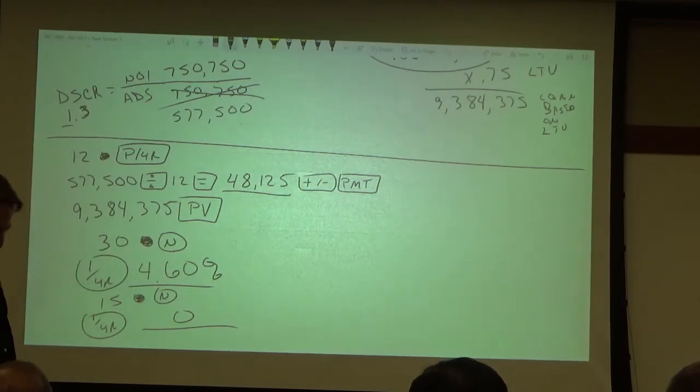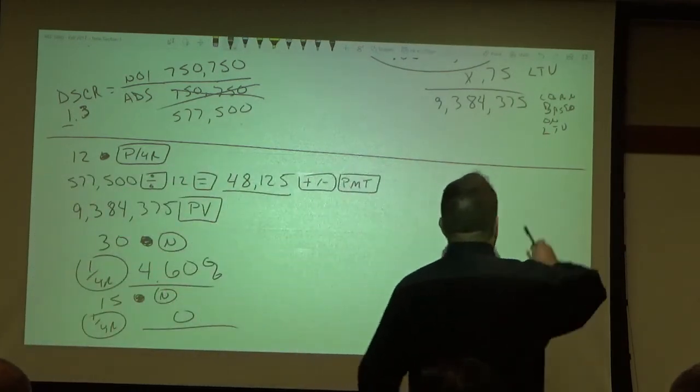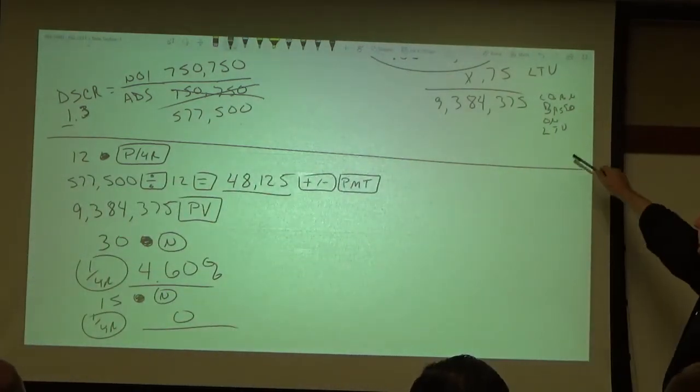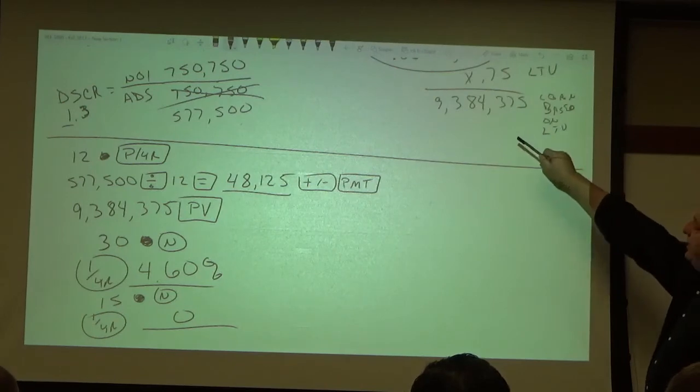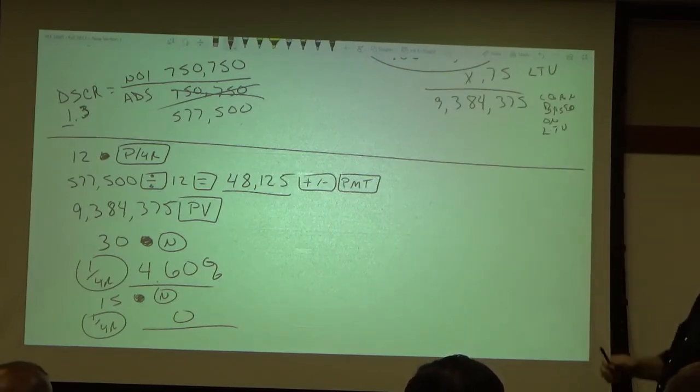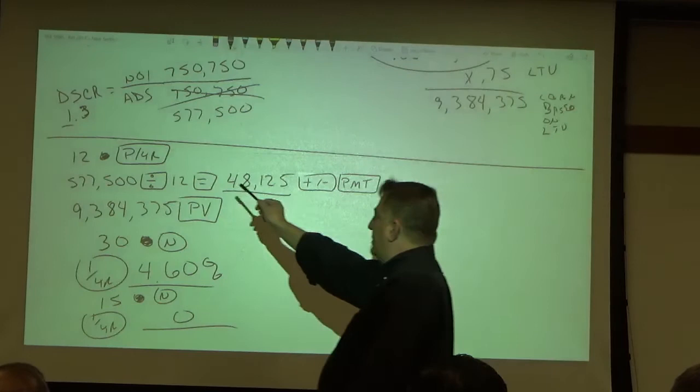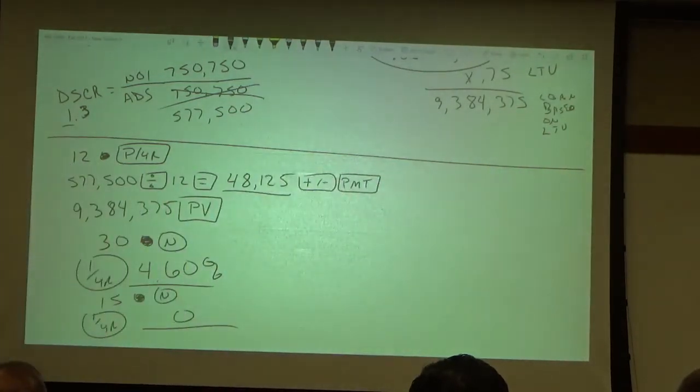Now, here's another way of looking at this. Keep in mind, this dollar amount here, the $9,384,375, that is the maximum loan amount that we could get on the property, okay? This $577,500, that is the maximum annual debt service that we can pay on the property, on a 1.3.